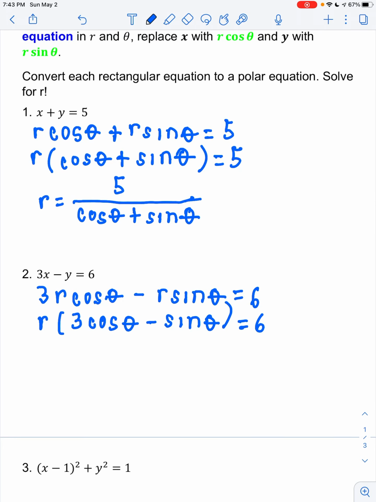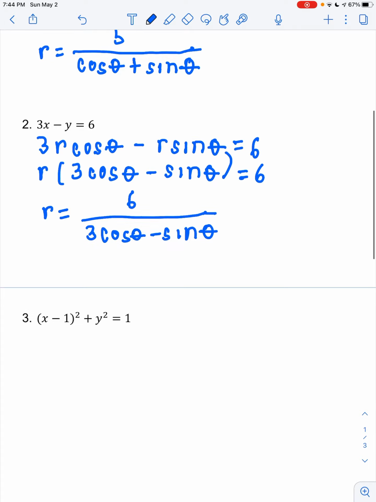And now, like before, we'll divide both sides by 3 cosine theta minus sine theta. And now we are in polar form, solved for r. So the first 2 equations were pretty easy.